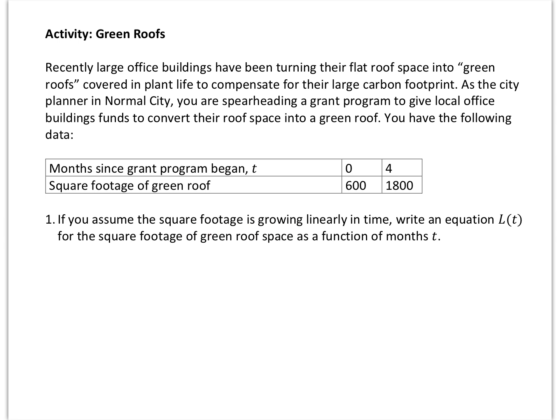If you assume that the square footage is growing linearly in time, okay, so they're telling us what kind of function to use. Write an equation L of t for the square footage of green roof space as a function of months t. Okay, so I have two options. I can use y equals mx plus b, or I can use y minus y naught equals m times x minus x naught.